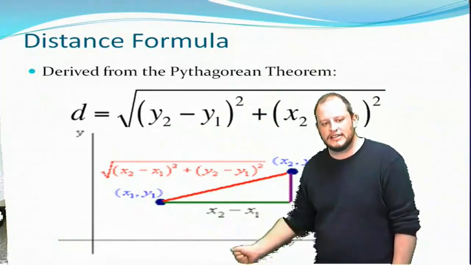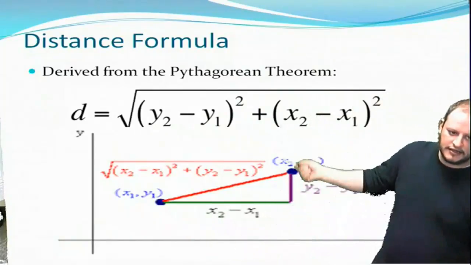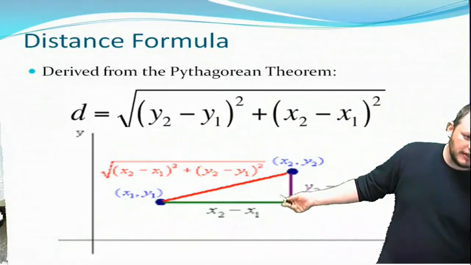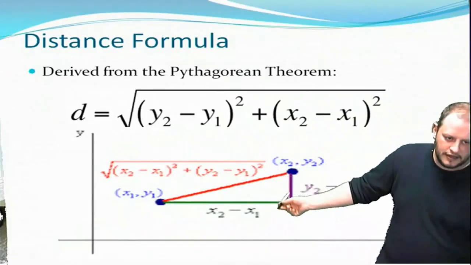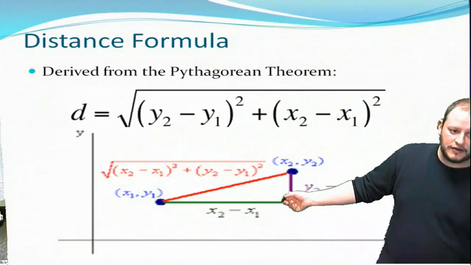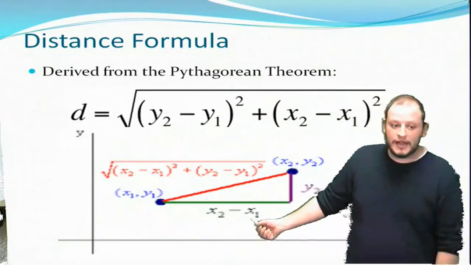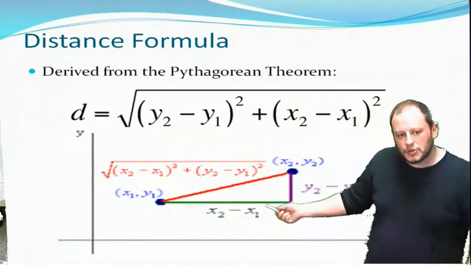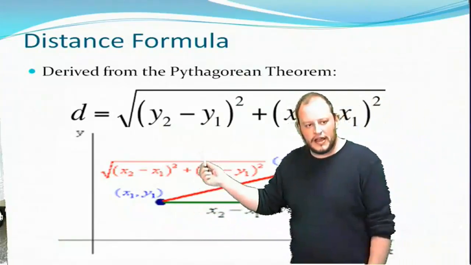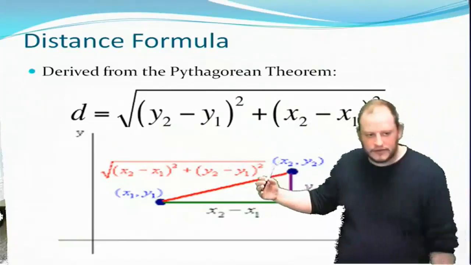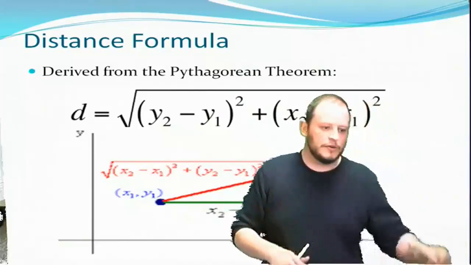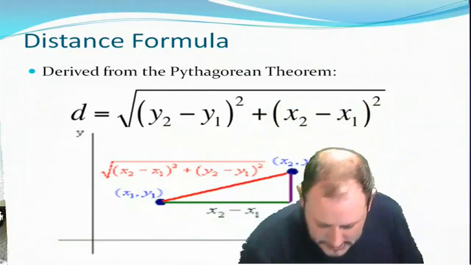That'll give me this leg of the triangle, and the difference in the y values will give me this leg of the triangle, right? And then I can use the Pythagorean theorem. So x2 minus x1 will give me that value. Square it, add it to y2 minus y1, square it, add those together, take the square root, and I can find the distance between 2 points.